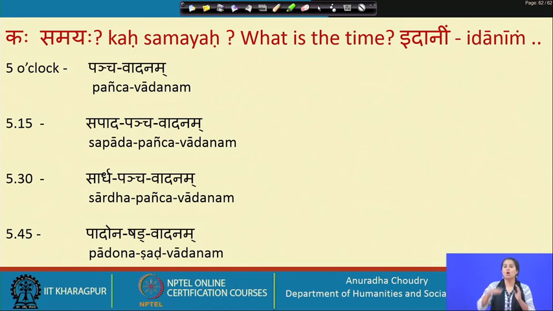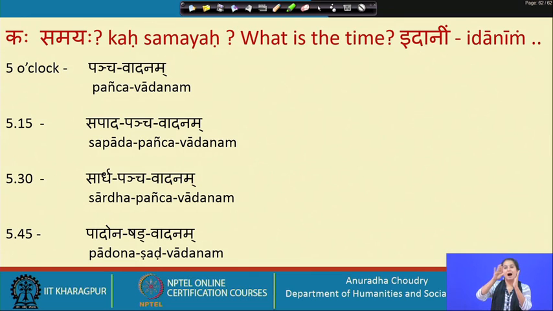How would we say quarter to 6? So, 6 is shadvadanam, the quarter is pada, and in Sanskrit we will say a quarter less than 6 o'clock. Okay, so a quarter less than the next hour. So, if you are talking about 5:45, it is a quarter less than 6 o'clock.